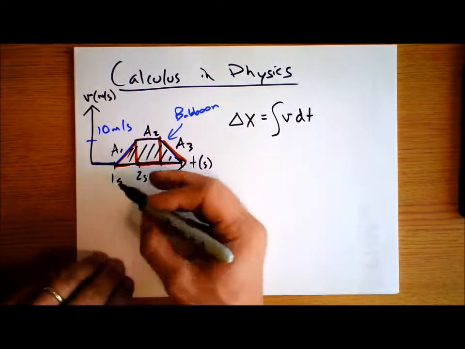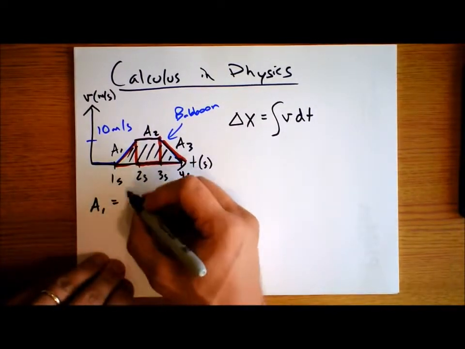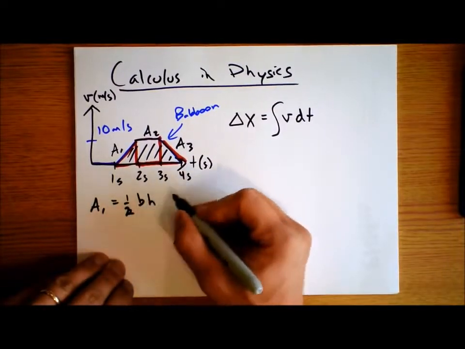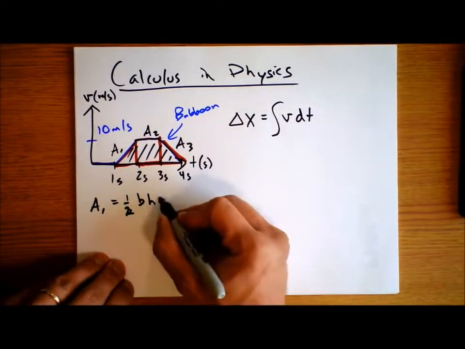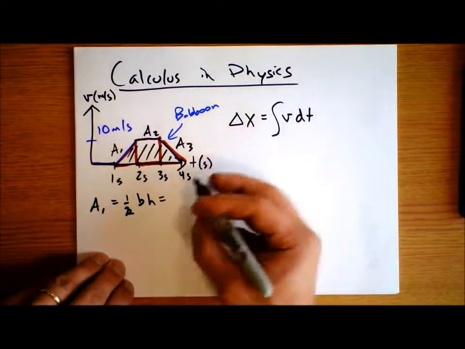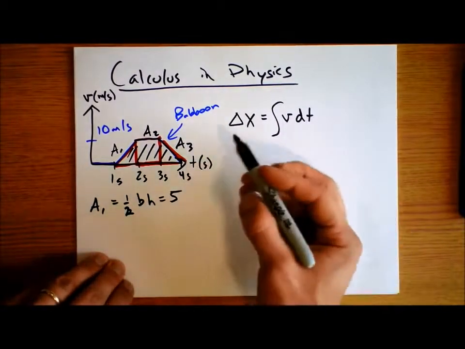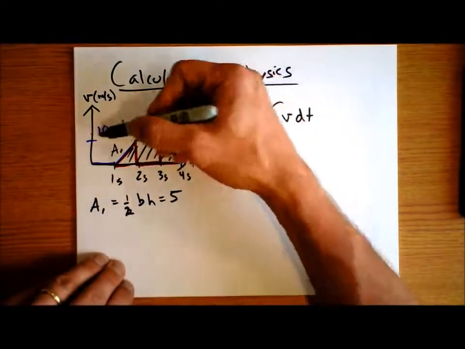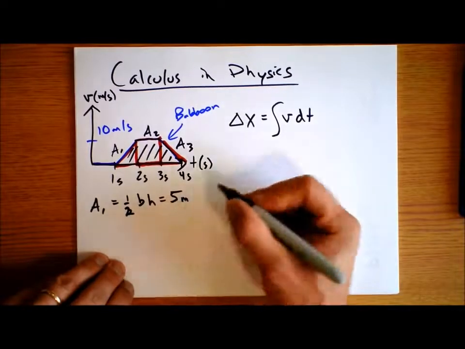So the area of area 1 is 1/2 base times height, and that's equal to, let's see, the base is 1 and the height is 10, so that's 5, and the units of the base is seconds, and the units of the height is meters per second, so we're going to get 5 meters.